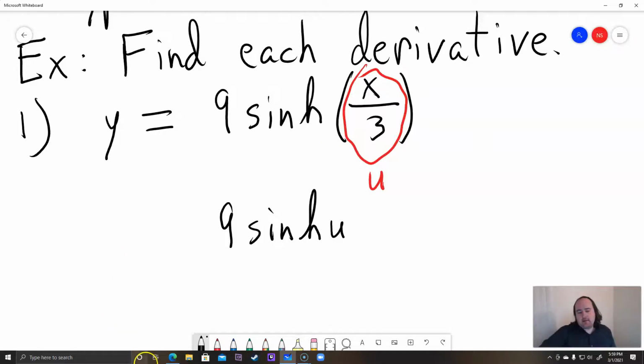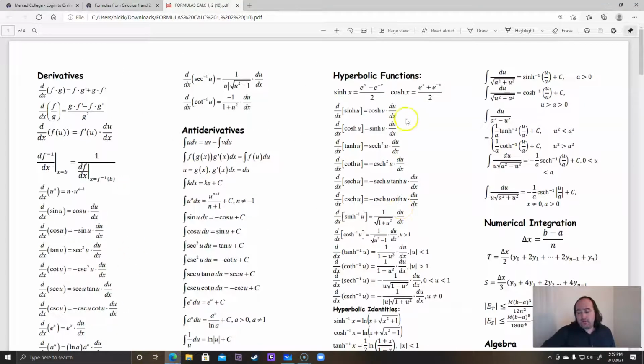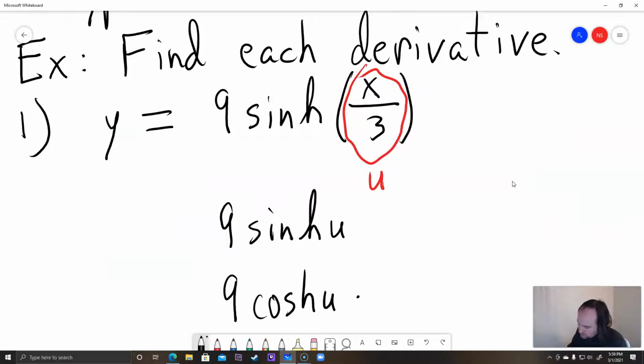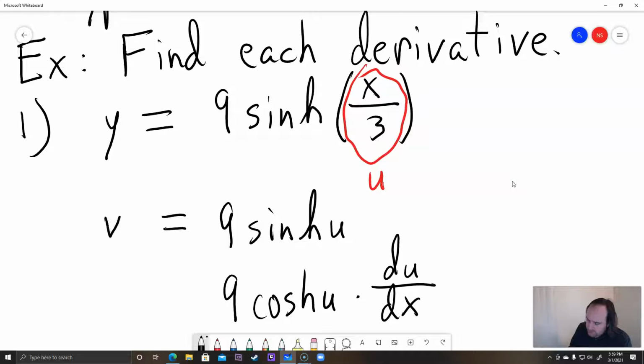Like I just said, from your formula sheet, the derivative of sinh of u is cosh of u times du dx. But we also have a 9 here, so it's going to be 9 times cosh of u times du dx. That's going to be our dy dx.